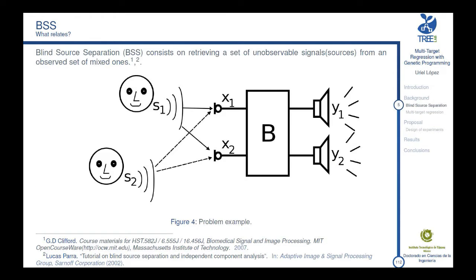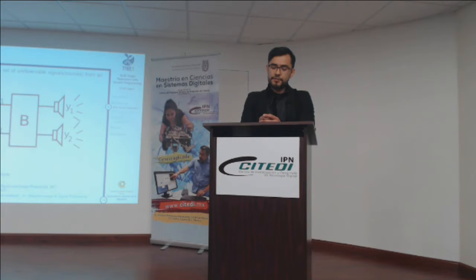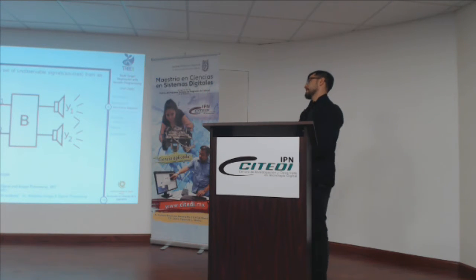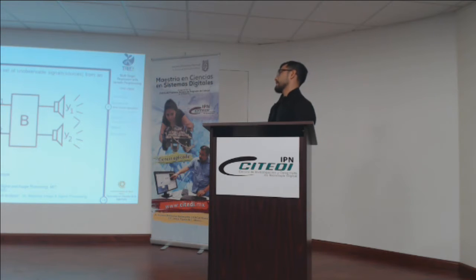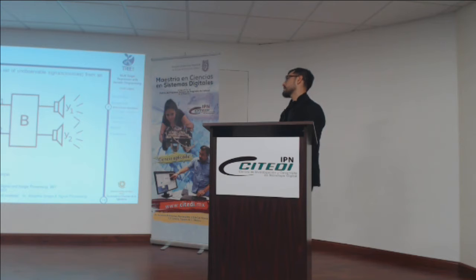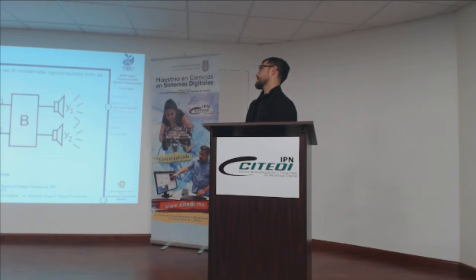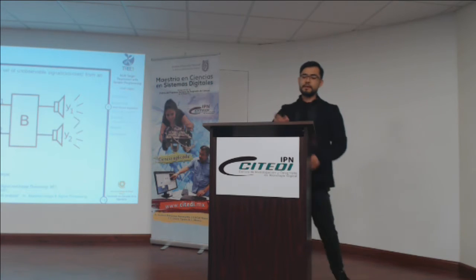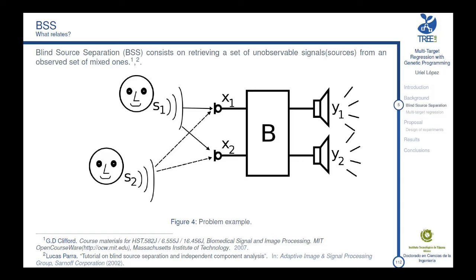When we were searching in the literature for something that looks like this, we found blind source separation, which consists of retrieving a set of unobservable signals or sources from an observed set of mixed ones. To exemplify: a party, where we want to hear, and a lot of people are talking, and we really want to hear just one person.